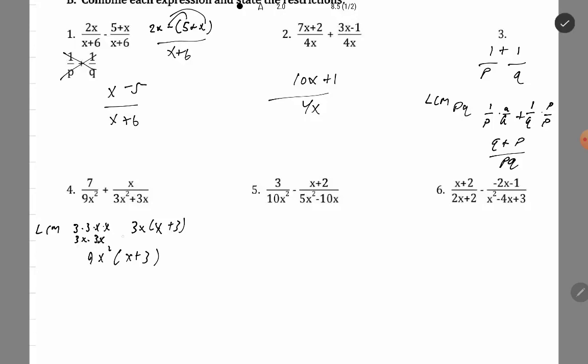They both share 3x, but they're missing another 3x. So let me back up. They both share a 3x, but they're missing one more 3x. So since they share it, we put a 3x there, and then we tack on the extra 3x, and then they're missing an x plus 3. And that's where 9x squared comes from.